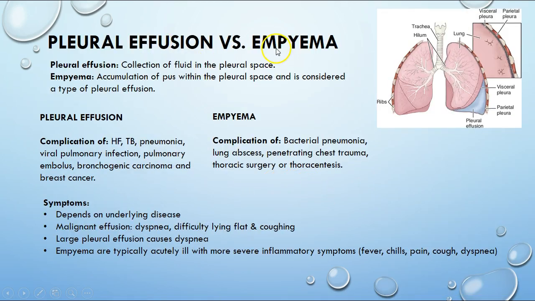Effusion versus empyema. Basically, effusion is fluid, empyema is pus. It can be a complication of a lot of different things. Symptoms depend on the underlying disease. But in the end, what's going to need to be done is have that fluid pulled off.